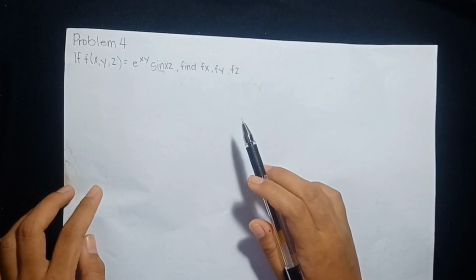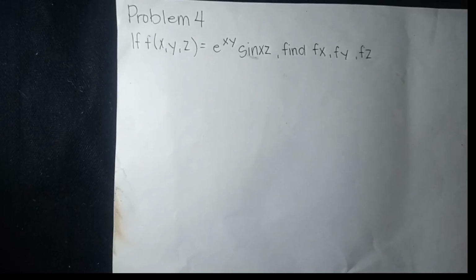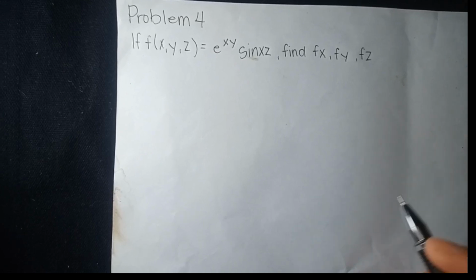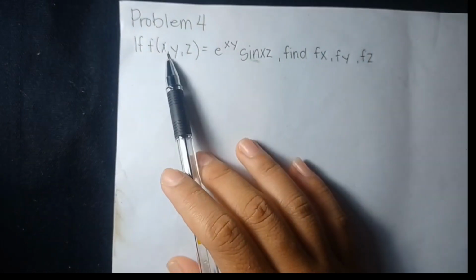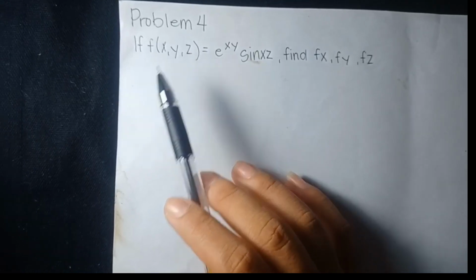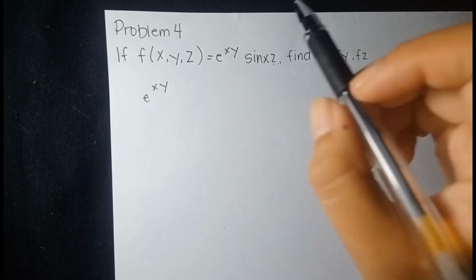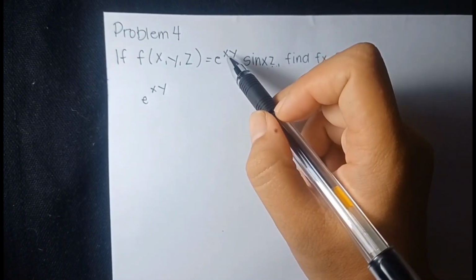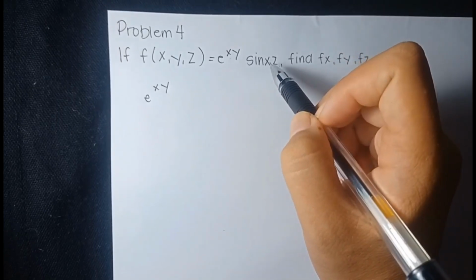So it's still the same concept even if you have 3 variables. If we first find the partial derivative with respect to x, we will treat y and z as constants. So we have e raised to xy times sine xz.